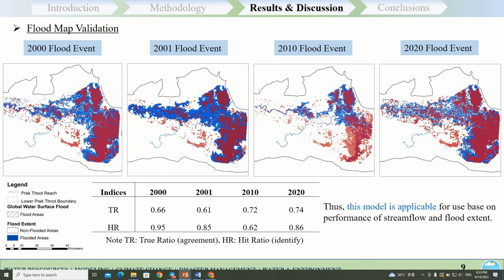So let's move to the flood map validation. This study selects Global Surface Water to validate the HEC-RAS model simulation. The red spot is the flood extent from the satellite, and the blue spot is the flood extent from the model. As we can see, the flood extent from the satellite was larger than from the simulation.